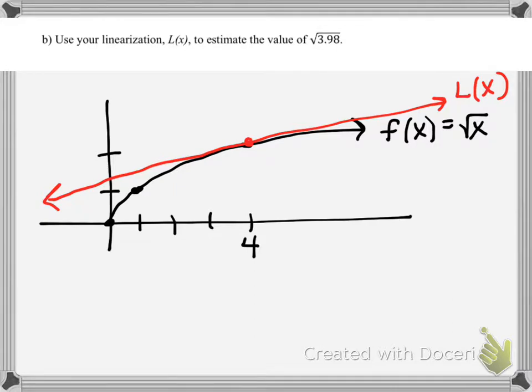If you look at approximately where 3.98 is located, a little bit to the left of 4, and compare the y value on the square root graph versus the y value on the tangent line, you'd see that because the tangent line lies above the curve here, the tangent line is going to be giving you an overestimate.